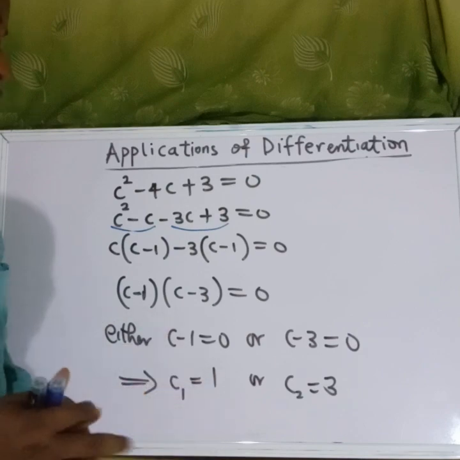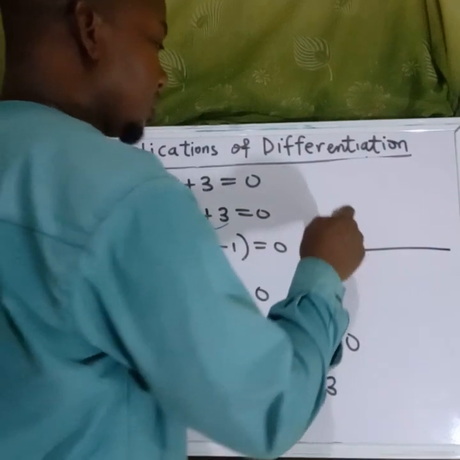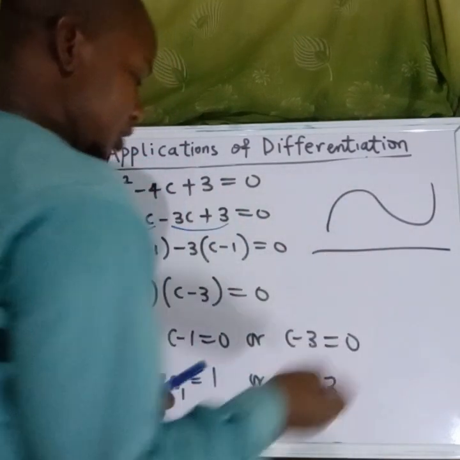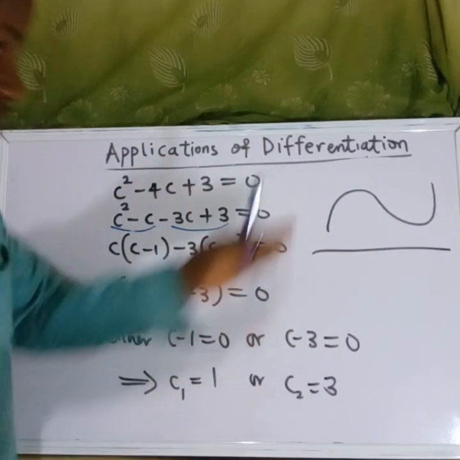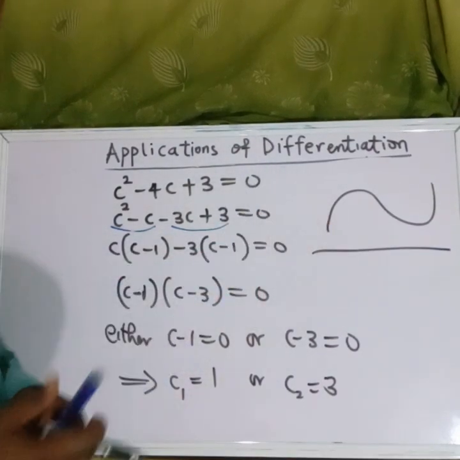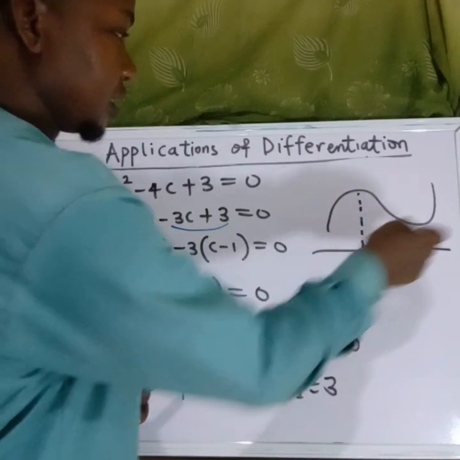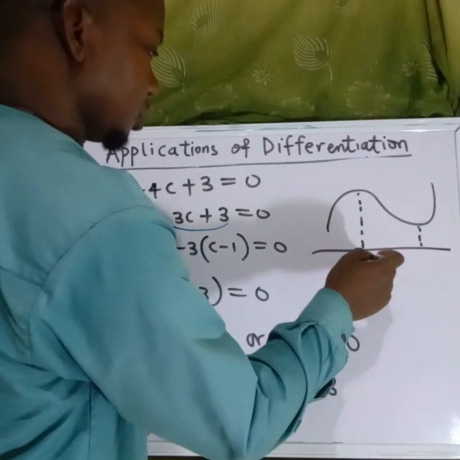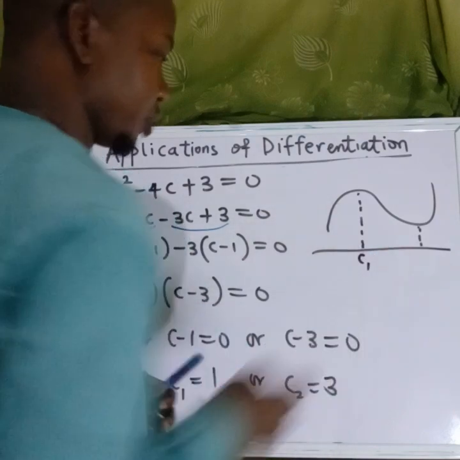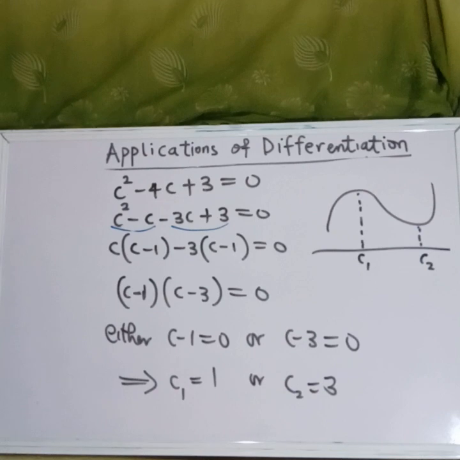And don't forget, anytime we have a curve, that's usually a turning point. If this graph is representing what we have there, this means the first turning point, which is c1, and the second turning point, which is c2. So this is how we do that.